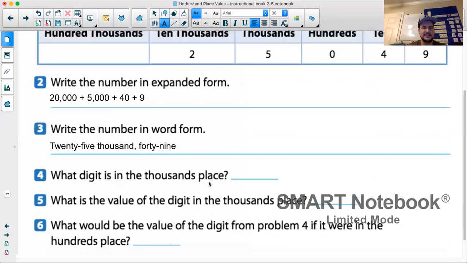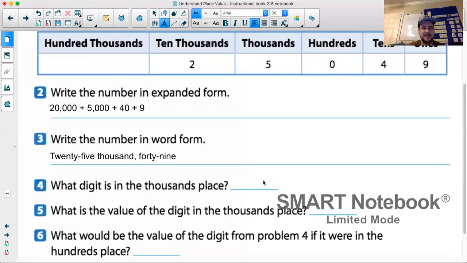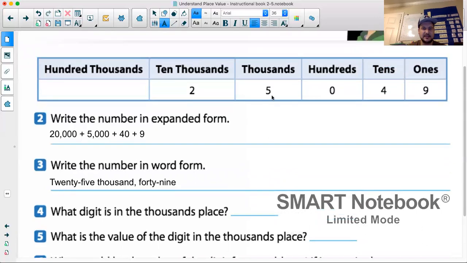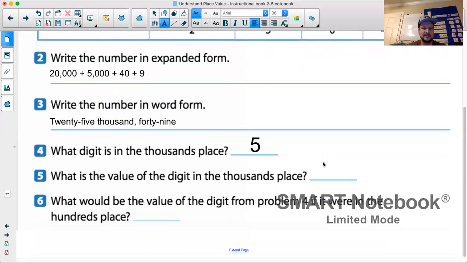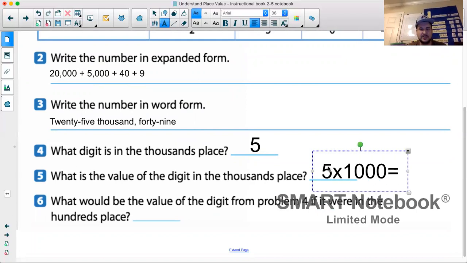All right, what digit is in the thousands place? 5. What is the value of the digit in the thousands place? So this is 5 times 1,000, which equals 5,000.